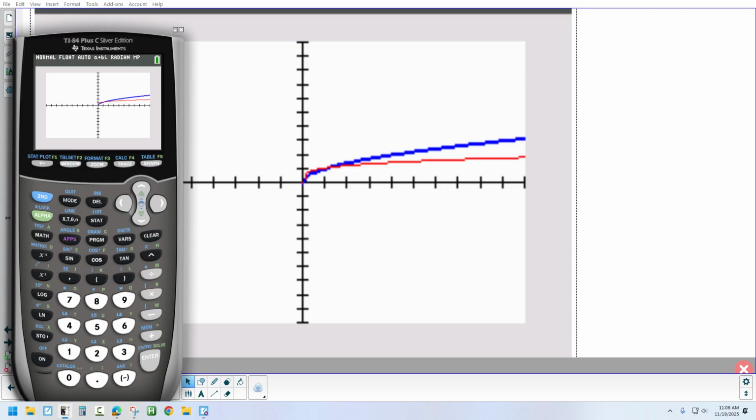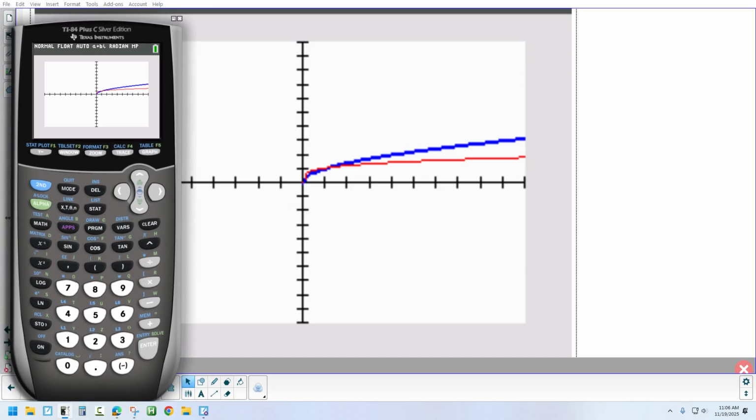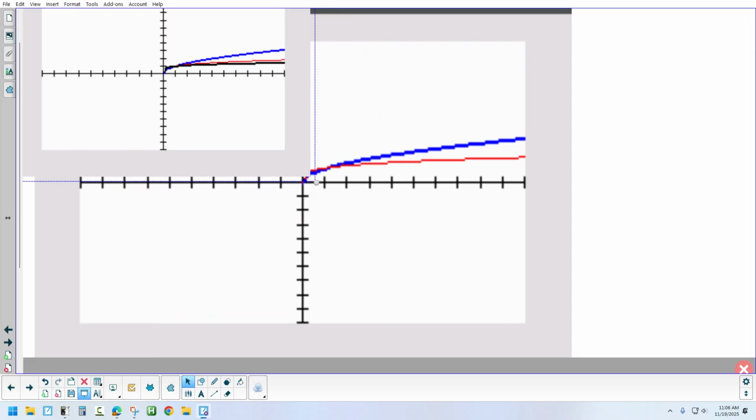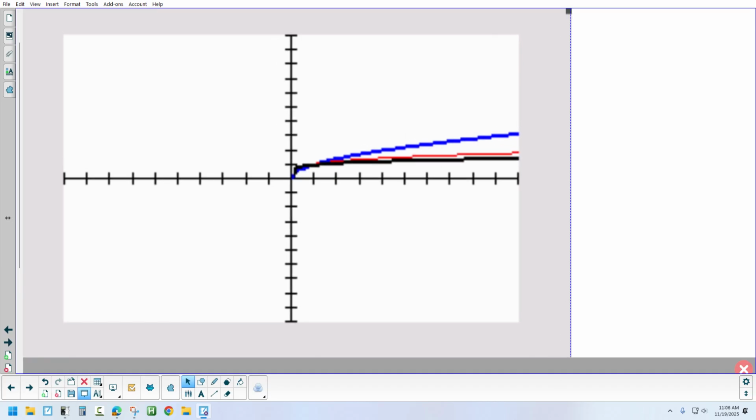Where do they intersect? We would have to check, but where you would think they intersect from just looking at it, it is where they intersect. 1, 1. They do intersect at 1, 1. In fact, even if you put in another root, like 6 root, and I graph that one with it, that one still intersects at the point 1, 1 with all the others.